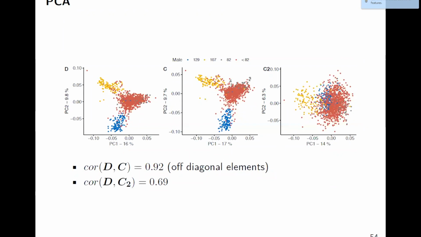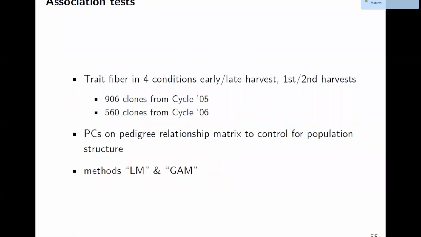Actually, we have 0.92 correlation with the off-diagonal elements in those matrices. If I look at the two matrices, I actually have a lower correlation between them. And in the first PC and the second PC, we see slightly different results. It looks like we have some extra information that we didn't have access to before that we're gaining here.